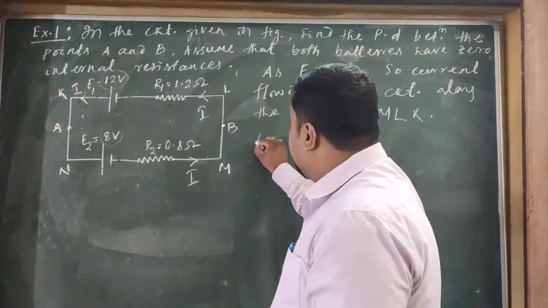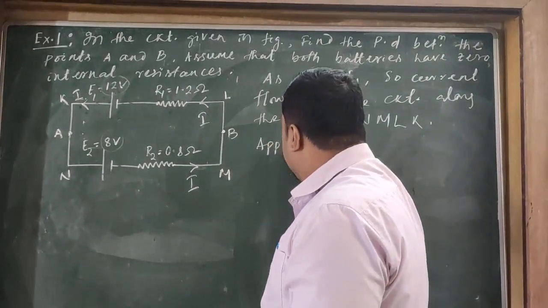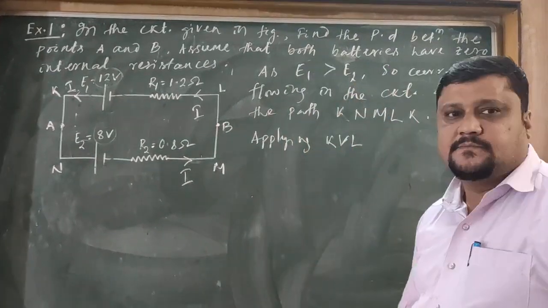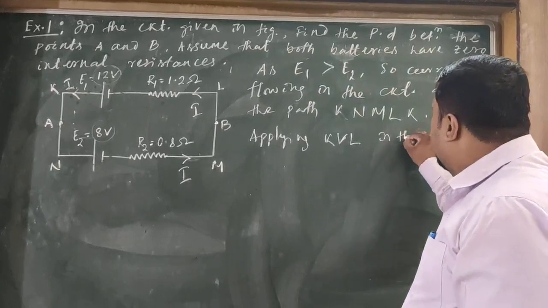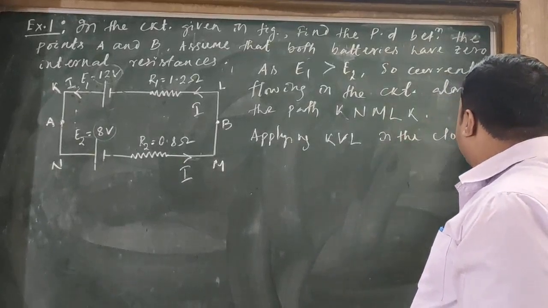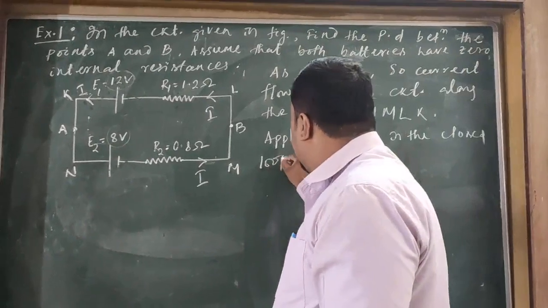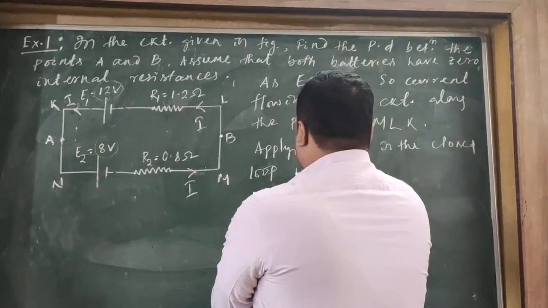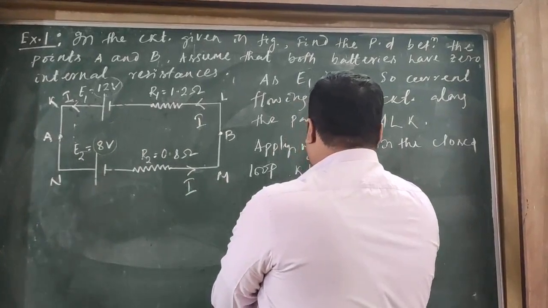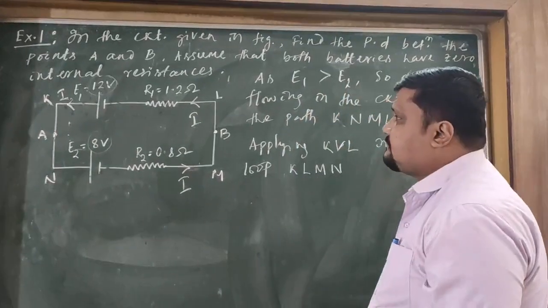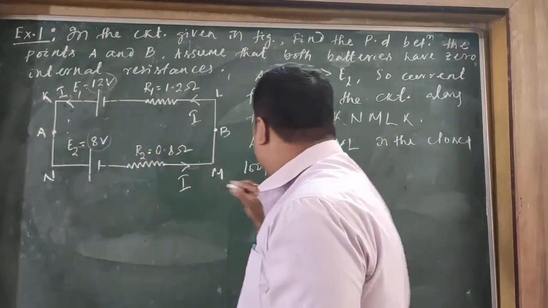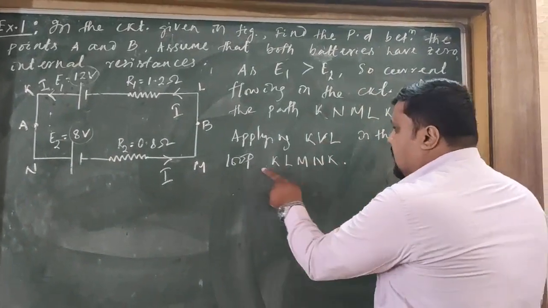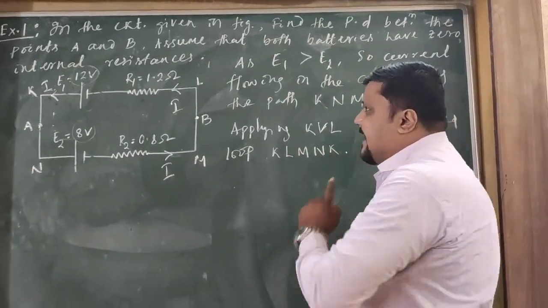Now you apply KVL, Kirchhoff's voltage law, in the closed loop KLMNK. Remember, I applied the KVL in the closed loop KLMNK.